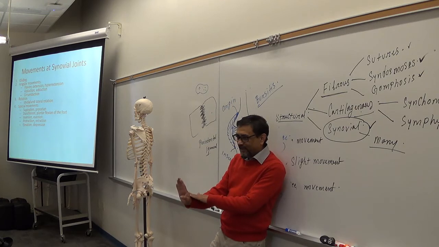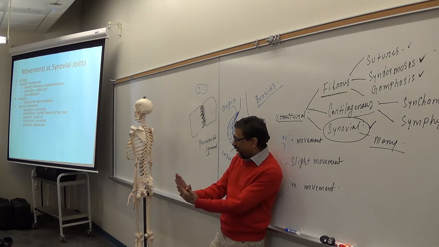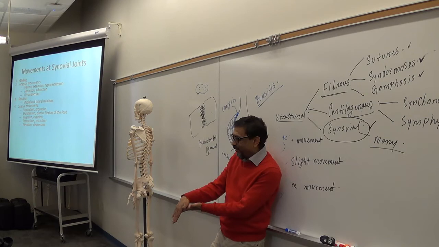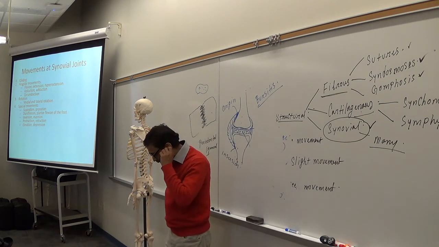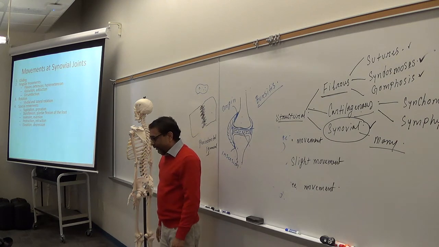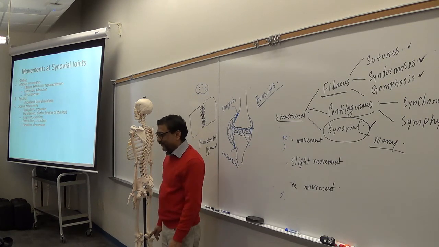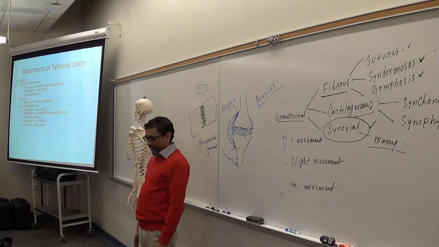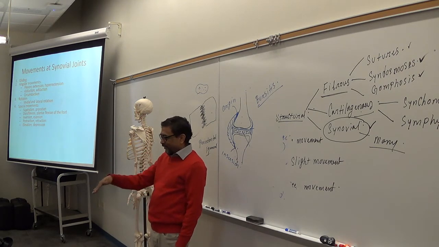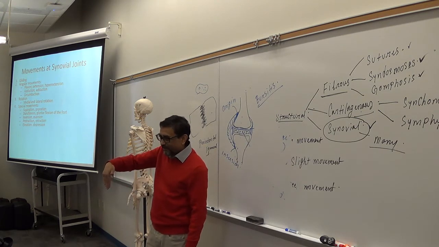So dorsiflexion. This is plantar surface. So this is what? Plantar flexion. Now, if I stand on my heel, that is what? Dorsiflexion. Stand on my toes, plantar flexion. Make sense? Okay. This is dorsiflexion. This is plantar flexion. Okay.